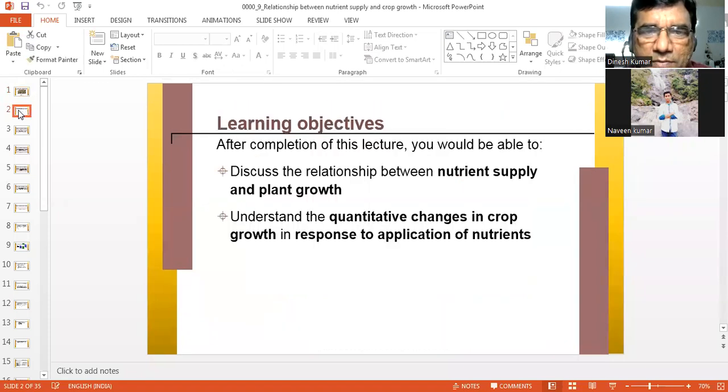After completion of this lecture, you will be able to learn the relationship between nutrient supply and plant growth, and understand the quantitative changes in crop growth in response to application of nutrient. If you apply X quantity of nutrient, how much is the change in the Y, that is your biomass or growth or yield of the plant? Such kind of relationship we are going to see.